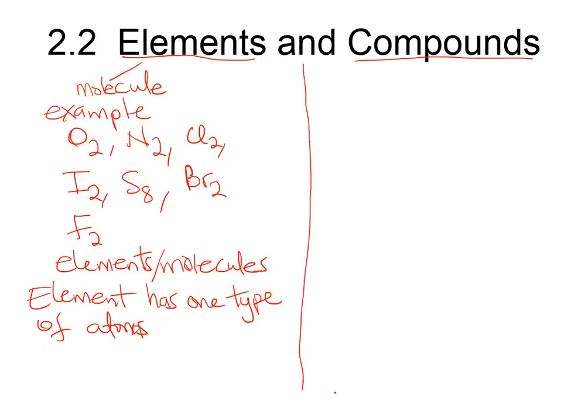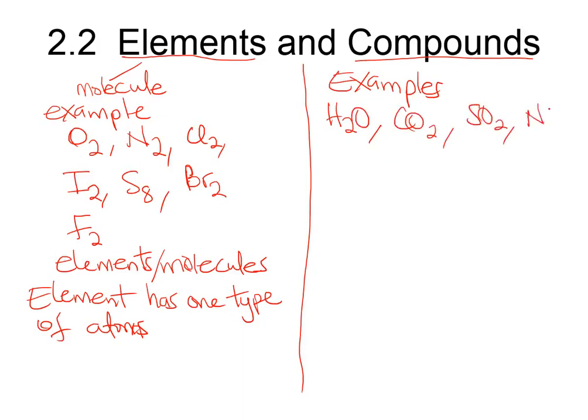What about the compounds? Examples of compounds: we have water, we have carbon dioxide, we have sulfur dioxide, we have nitrogen monoxide, we have methane, we have nitrogen dioxide, among others.